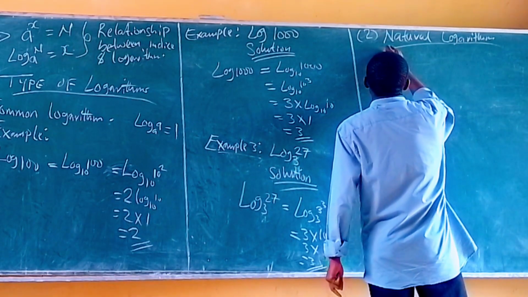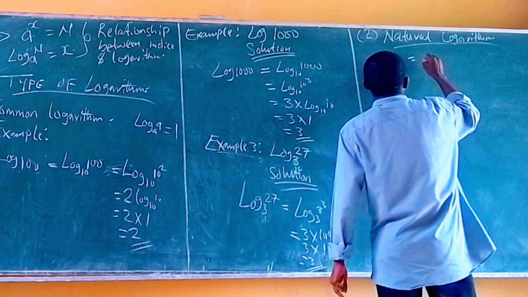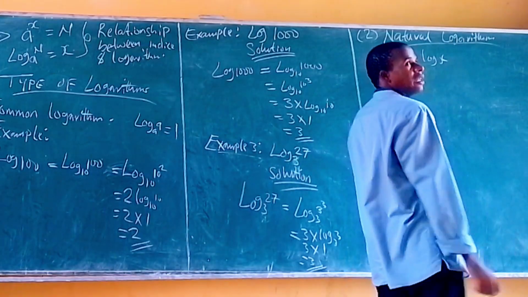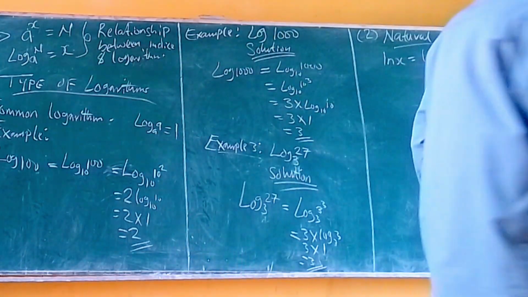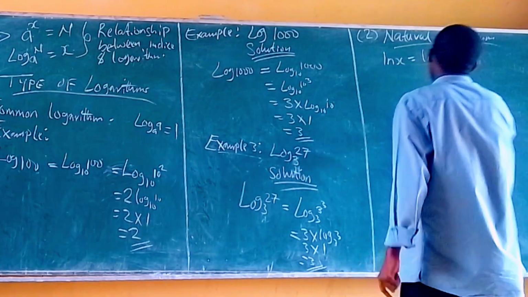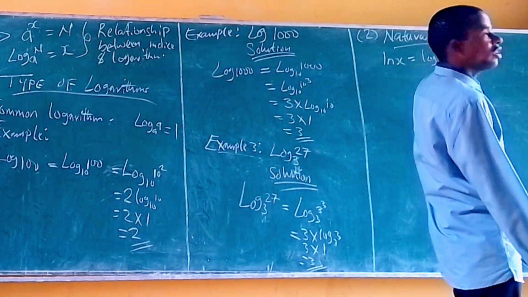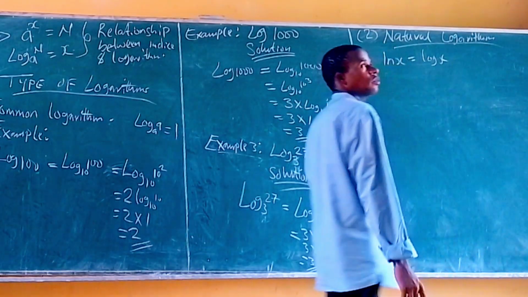If we have the same thing as what? Log base e. Yes, that's what we call it in mathematics. For this, we have the major sum in this. Is it ln x? Yes. Log base e.